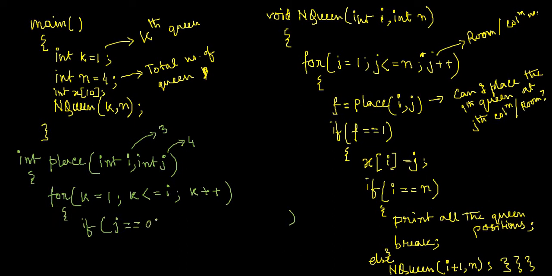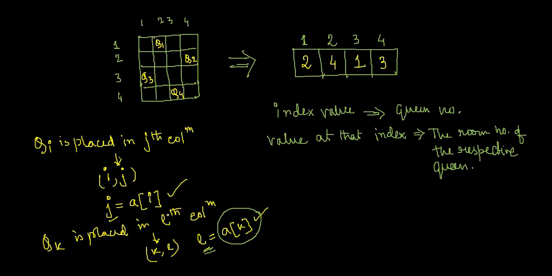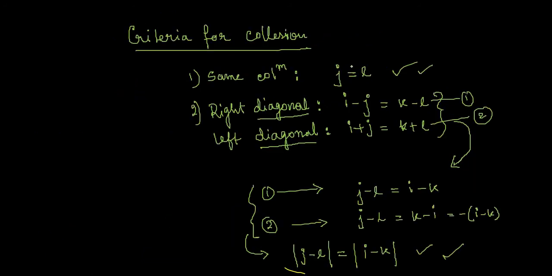Here, j equal to A of k. If this is equal, that means there is a collision that we have seen. j equal to L, and L is represented by A of k. That means this is a collision for the same column.